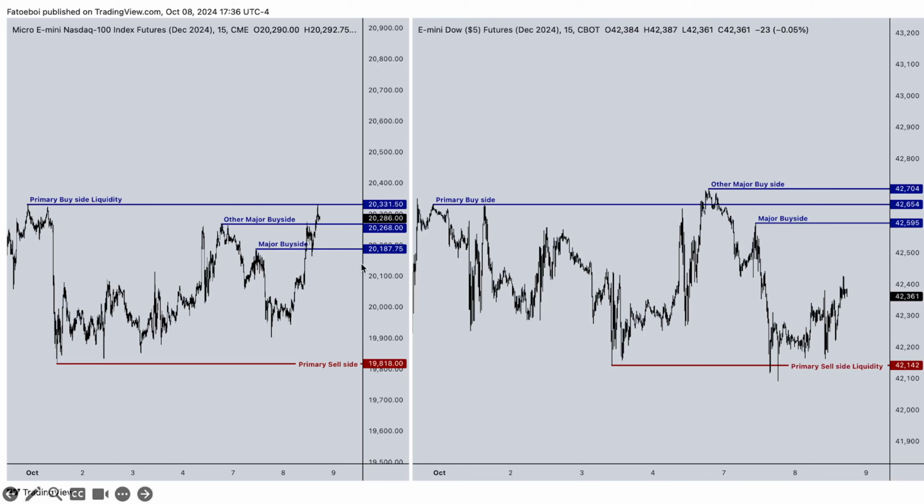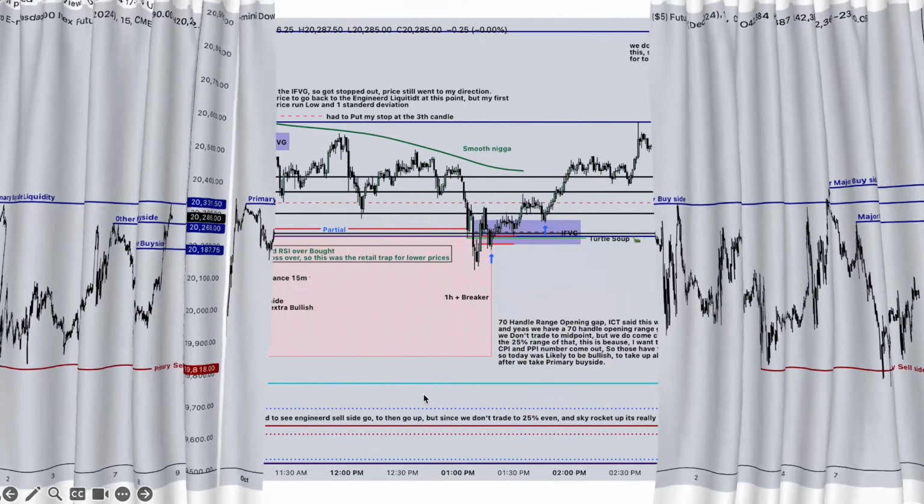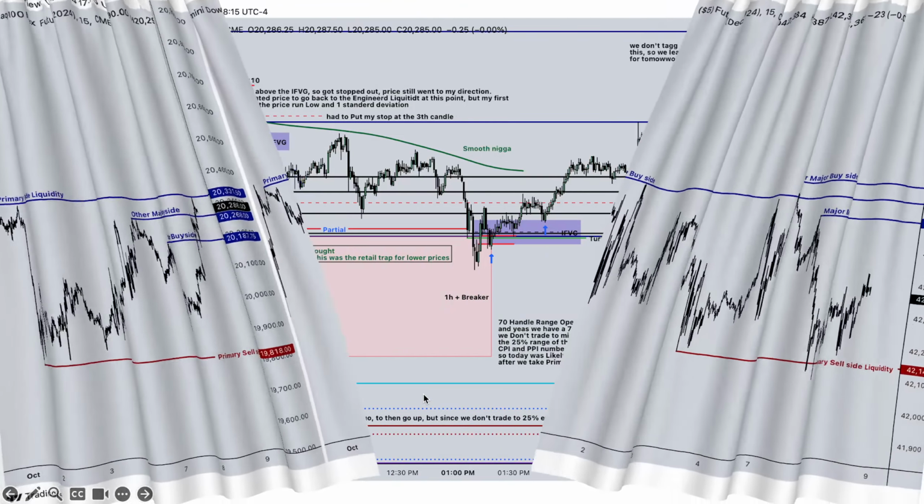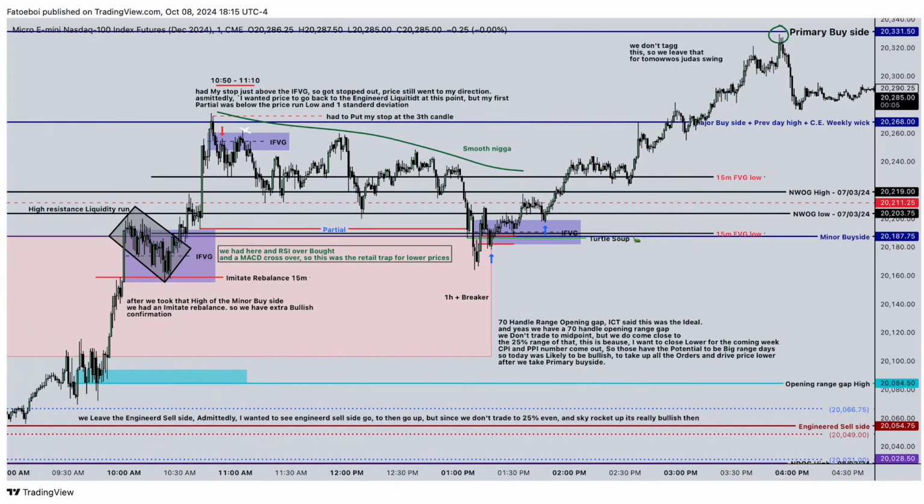So an indication for us, if we really are listening to that Dow being advanced: after primary buy side, what can we expect? Yes, primary sell side. So now the trade of today, well, the price delivery of today.